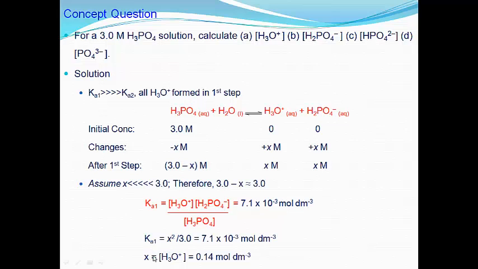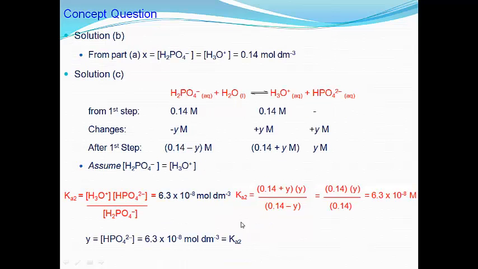And so x is equal to the concentration of H3O+, which is equal to 0.14 mole per dm cube, which is also equal to the concentration of H2PO4-. So, for part B, the concentration of H2PO4- is equal to the concentration of H3O+, which is equal to 0.14 moles per dm cube.